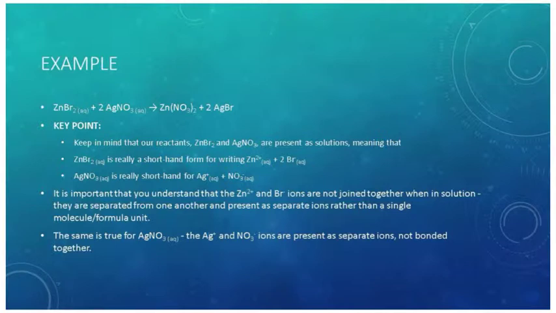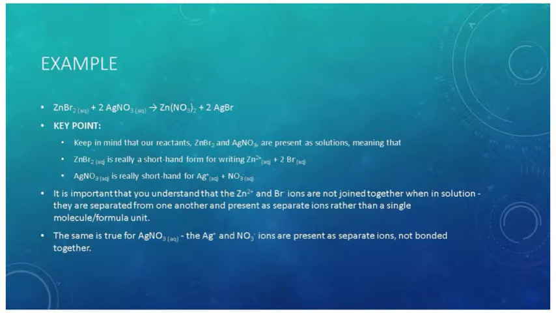So we need to keep in mind that our reactants, ZnBr2 and AgNO3, are present as solutions. That means that the ZnBr2 is really a shorthand for writing the zinc ions and the bromide ions, and the AgNO3 is really shorthand for writing the silver ions and the NO3 minus ions. It is important that you understand that Zn2+ and Br- are ions and are not joined together in a solution.